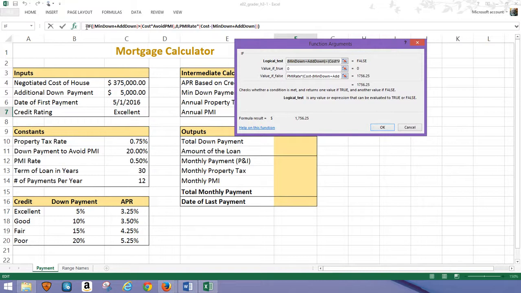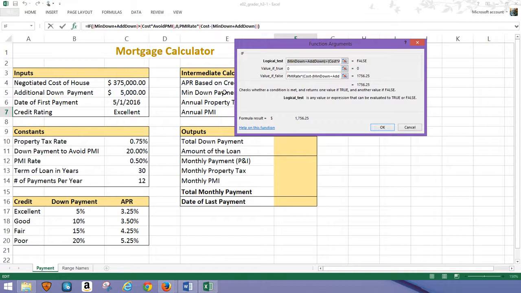So it should be equals if, parenthesis, minimum down plus additional down, close parenthesis, greater than, open parenthesis, cost times avoidance PMI, close parenthesis, comma, 0, comma, PMI rate times, open parenthesis, cost minus, open parenthesis, minimum down plus additional down, close, close, close.